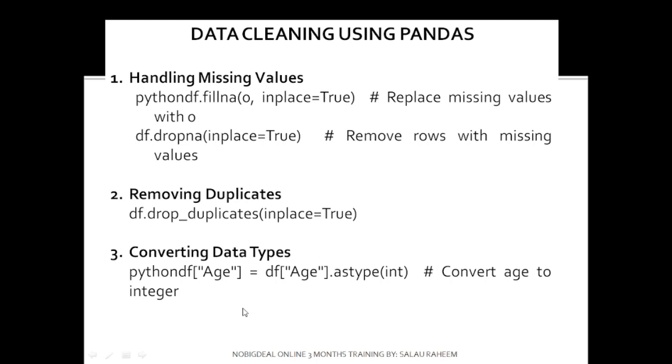Converting data type. How do we convert data types? This is also the command that we use in converting data type. This particular command now will convert the column age to integer, using astype integer.